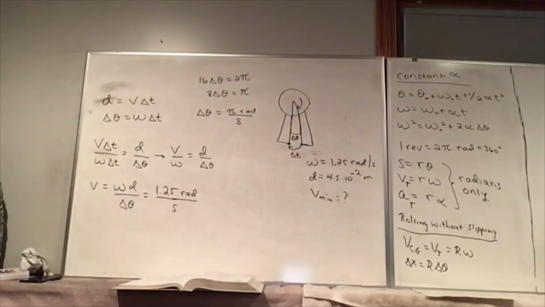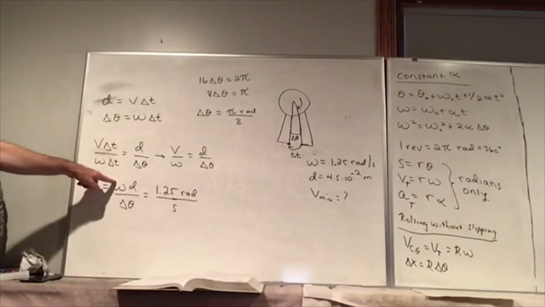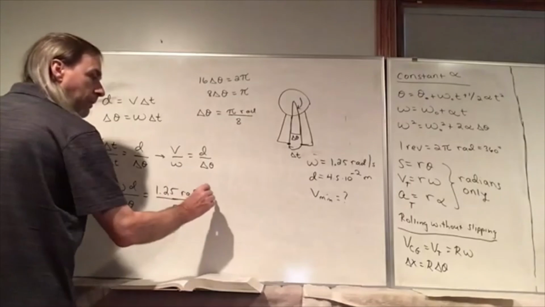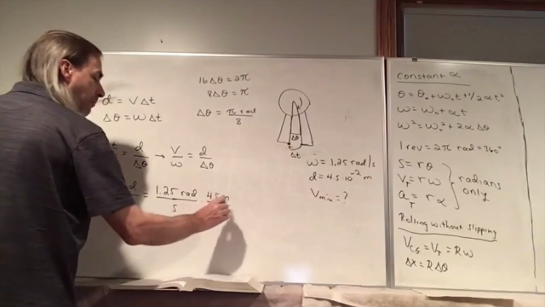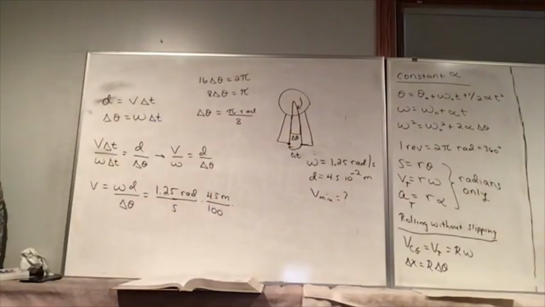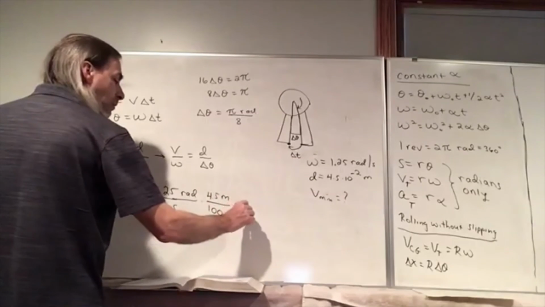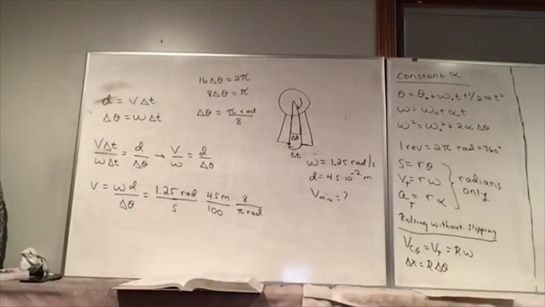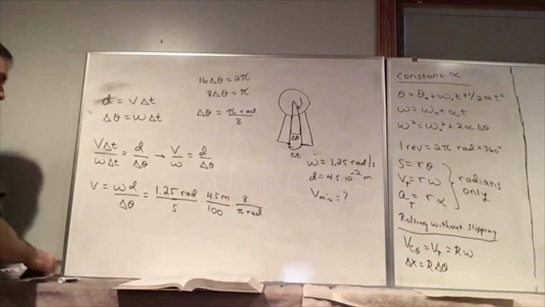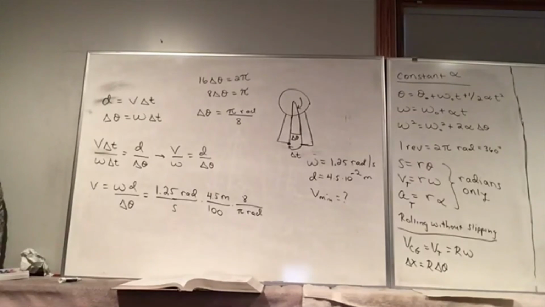So let's put all this together now. We have omega times d, which is given. I'm going to write that as 4.5 meters over 100. And then we're dividing by delta theta, which is pi radians over 8, so we'll put the 8 on top. And then it'll give us our velocity in meters per second. So let's calculate that: 1.25 times 4.5 times 8, and then divided by 100 pi.